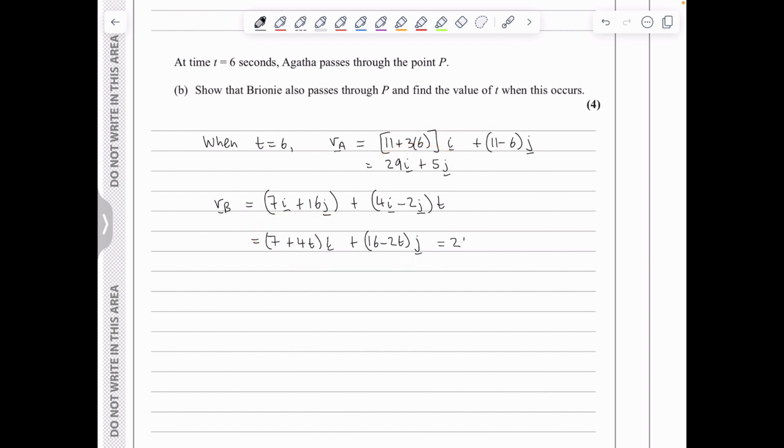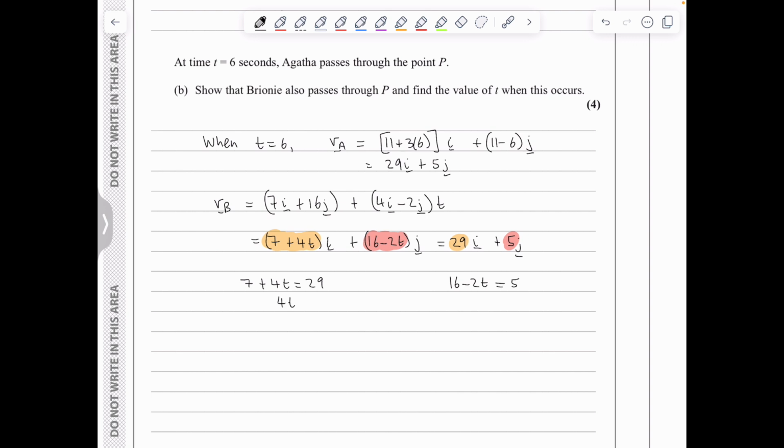So if this is equal to 29i plus 5j, the only thing that's left to be done is equate the i components and then equate the j components, which means we've got two equations in t. We've got 7 plus 4t is equal to 29, and 16 minus 2t is equal to 5.